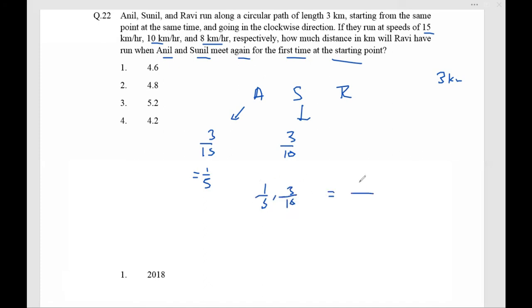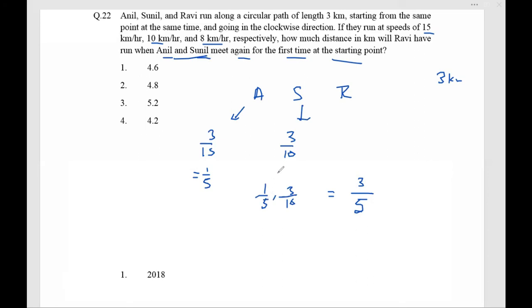So LCM will be 3 by 10. Sorry, 3 by 5. So after every 3 by 5 hours, Anil and Sunil are meeting at the starting point. The LCM of full round.